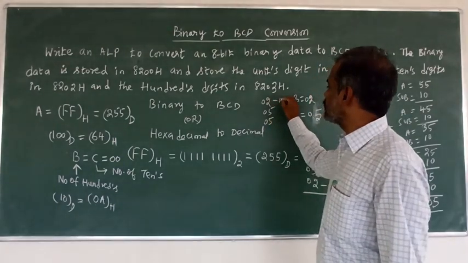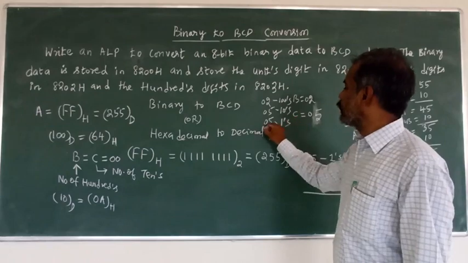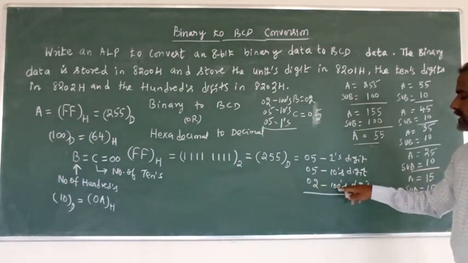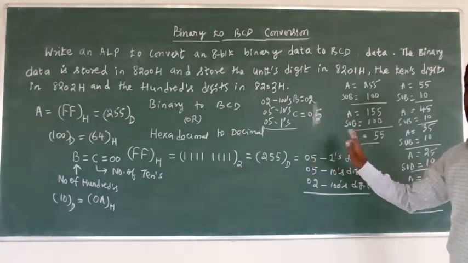This is for hundreds, this is for tens and this is for ones result. Okay, this is the procedure. Hundreds 2, tens 5 and ones 5.